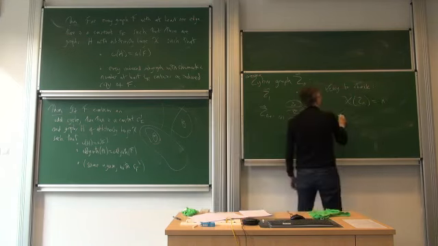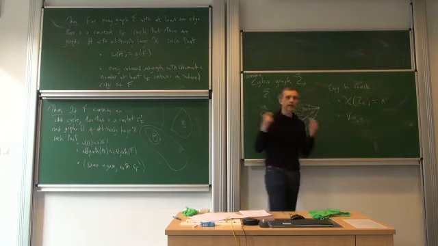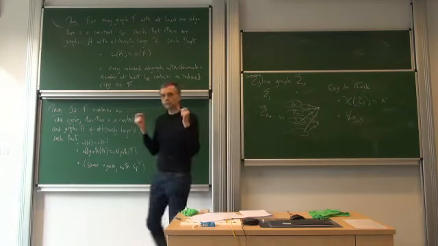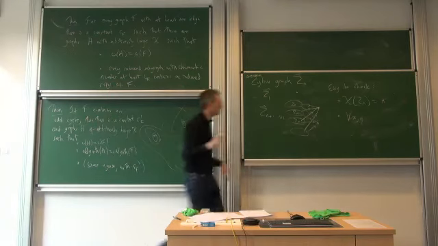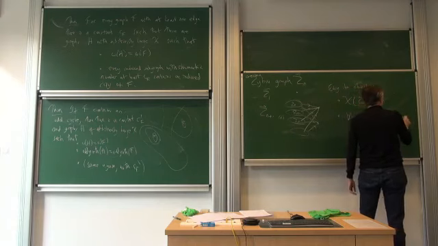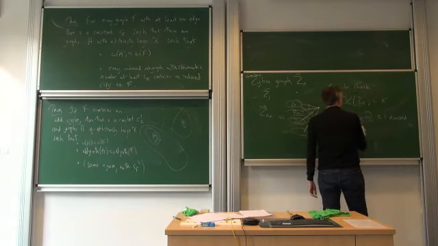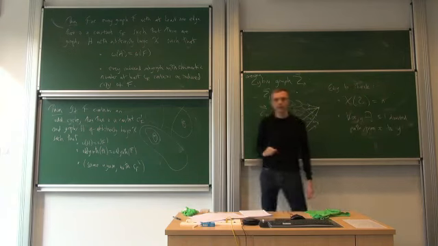And secondly, and this is a really useful property, for any two vertices x and y, there is at most one directed path from x to y.